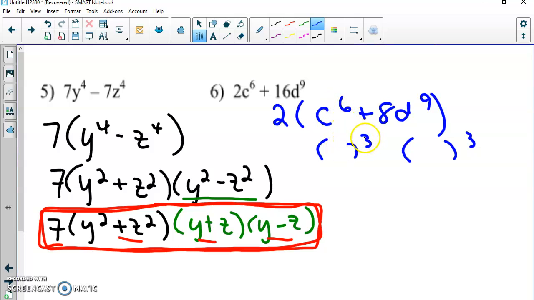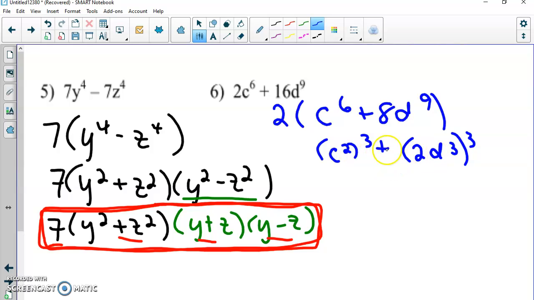Divide, because power to power you multiply, so going backwards, this is going to be c squared. And this one, 2 cubed is 8, 9 divided by 3 is 3. Running out of room here, d cubed.